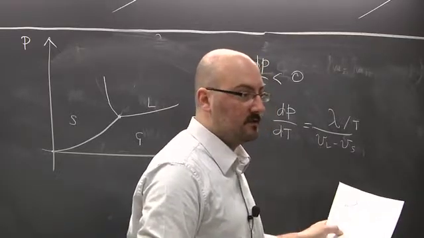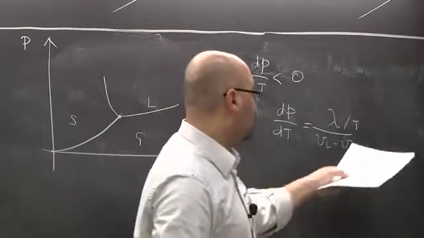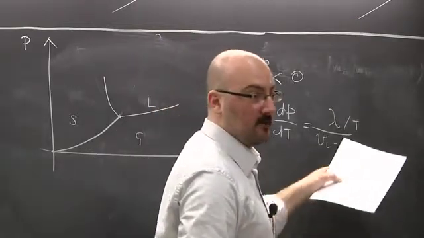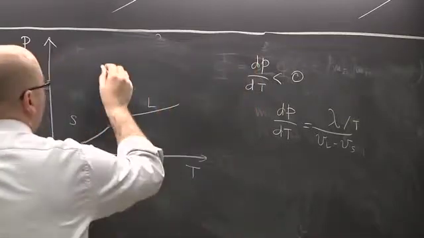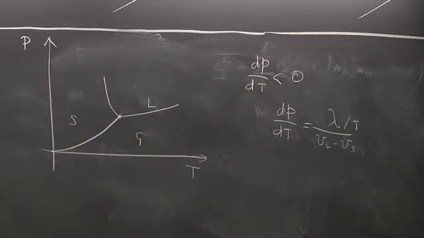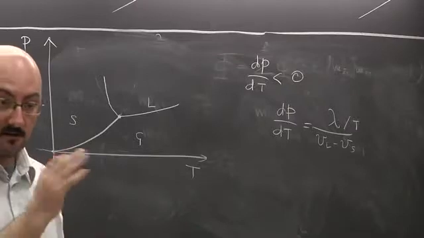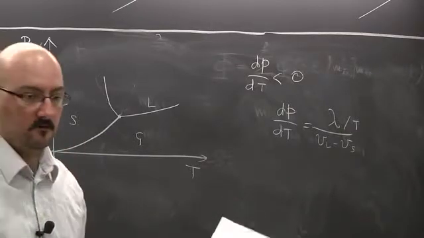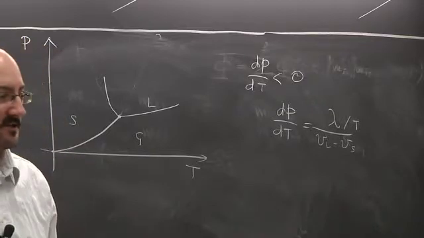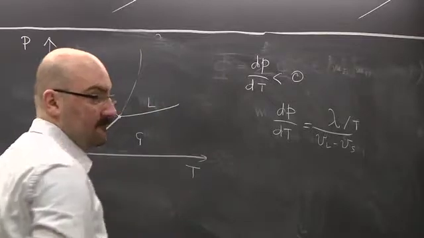So if the solid is less dense than liquid, this is larger than this, and so we get a negative sign. So for water, we have this line. There are a few other substances which have dP by dT negative at the solid-liquid transition, but most, 99.9% of other materials, have this line like this.